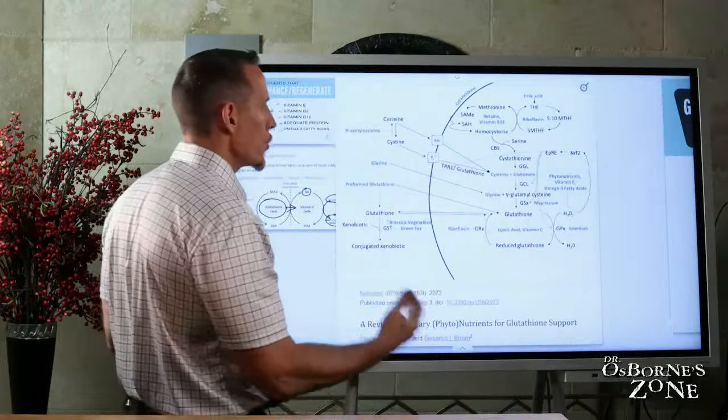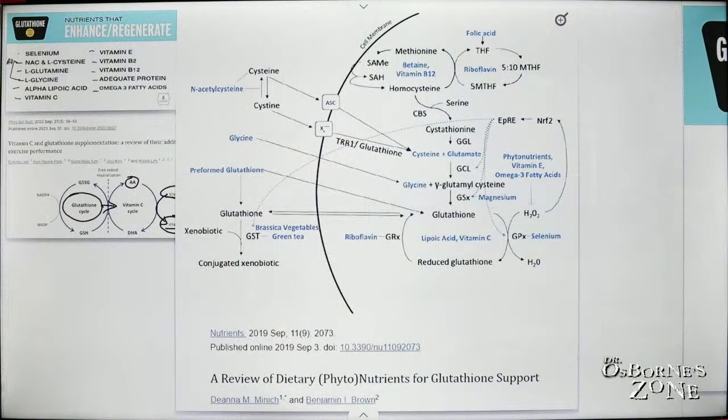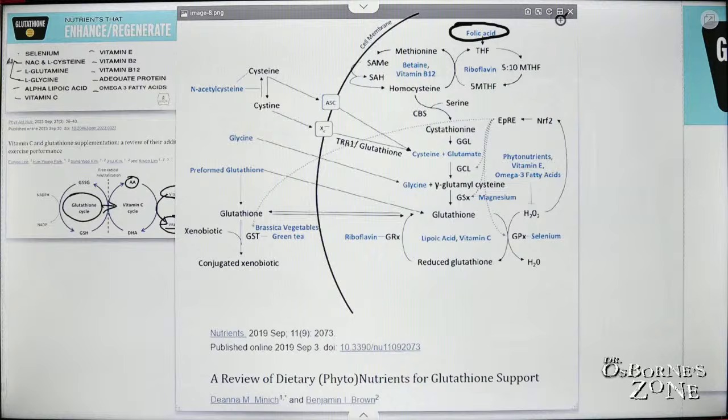And so you can see the nutrients listed in this diagram are labeled in blue. You've got things like folate, this is vitamin B9, and riboflavin, which is vitamin B2, and then betaine and vitamin B12 as well, all playing a role in the methylation cycle up here. That methylation cycle helps to convert homocysteine into cysteine.